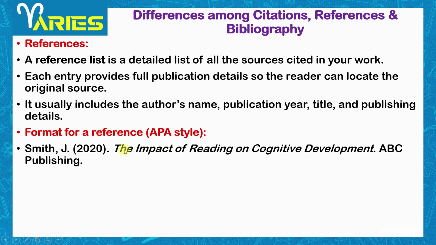The title of the research paper would always appear in italics: The impact of reading on cognitive development, then a full stop, and then the name of the publication, that is ABC Publishing, and at the end there will be a full stop. So this is the method of preparing a reference. This is in APA style.